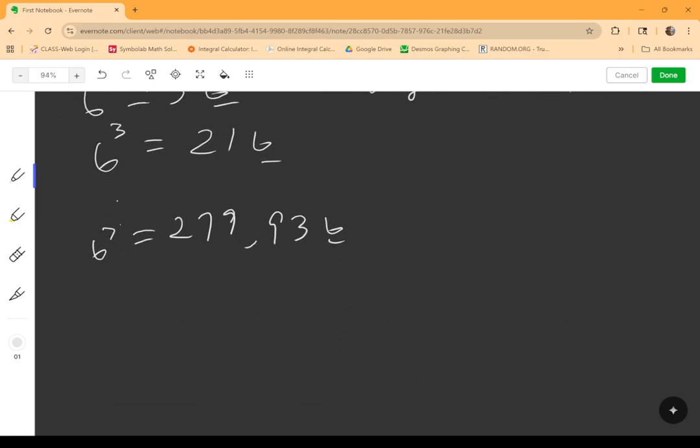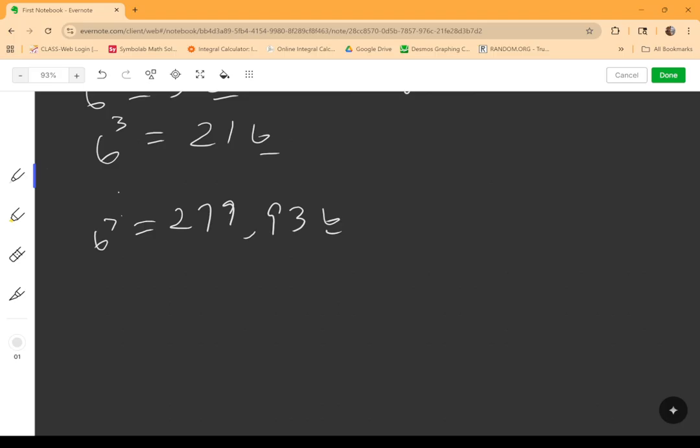The idea is that if I know that 6 to the k has unit digit 6, then I want to ask myself, what is the unit digit of the next power?